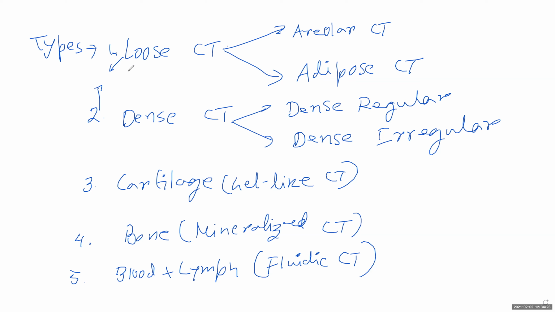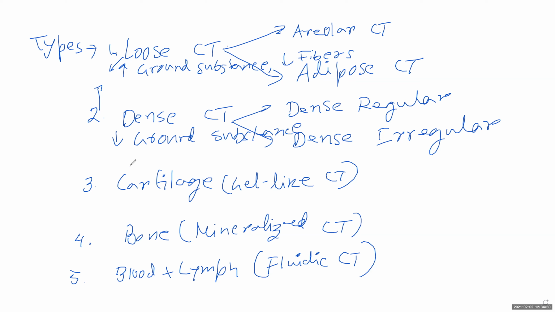The subtypes of loose connective tissue have more ground substance and fewer interstitial fibers, while dense connective tissue has less ground substance and more interstitial fibers.